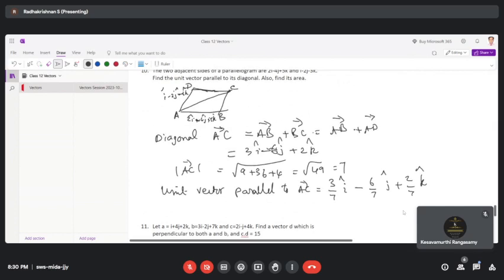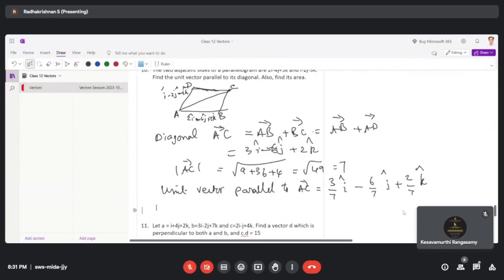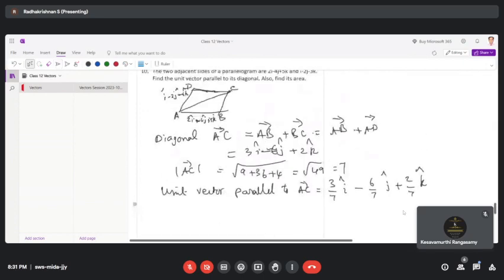Find the unit vector parallel to its diagonal. Also find its area. So what is the formula for area? Area is the magnitude of the cross product of the adjacent sides.